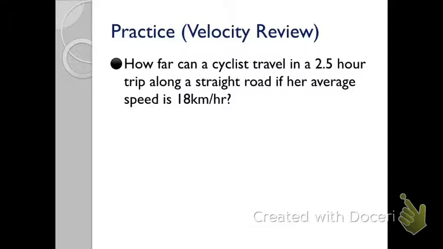So how far can a cyclist travel in a 2.5-hour trip along a straight road if her average speed is 18 kilometers per hour? I'm okay with your answer here being in kilometers. You can keep your answer in kilometers in this one.